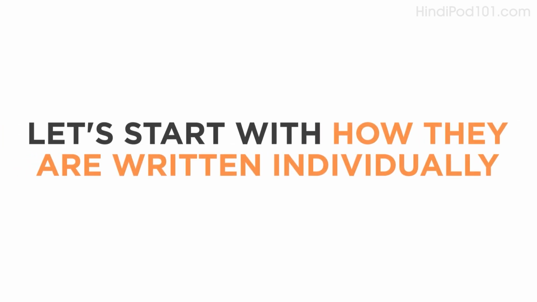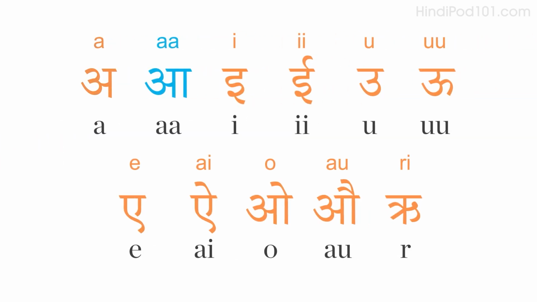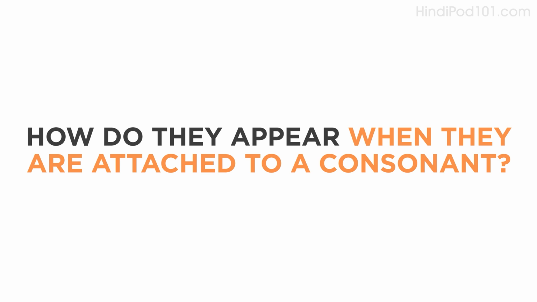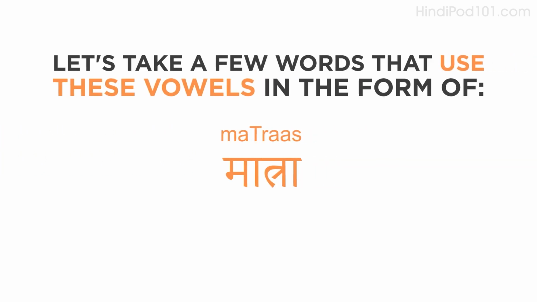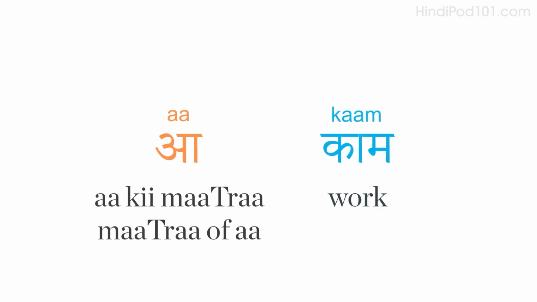Let's start with how they are written individually. Here they are. A, I, U, U, E, O, Ri. How do they appear when they're attached to a consonant? Let's take a few words that use these vowels in the form of matras. Work, kaam.